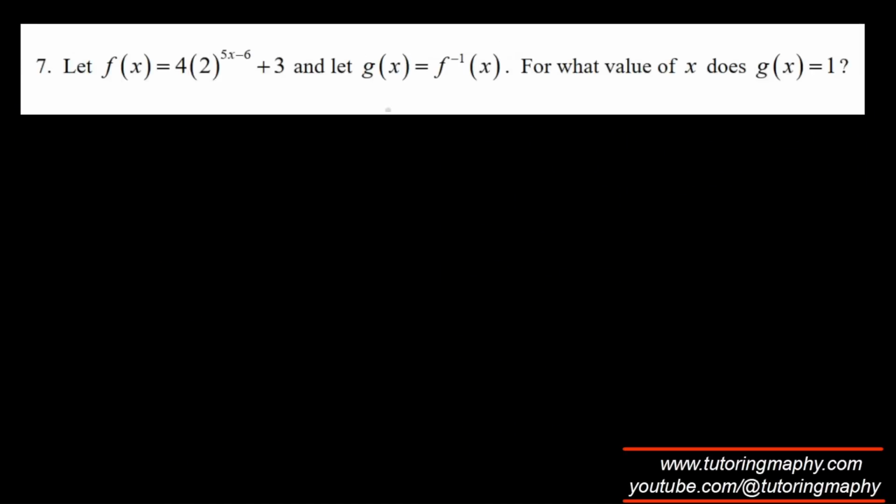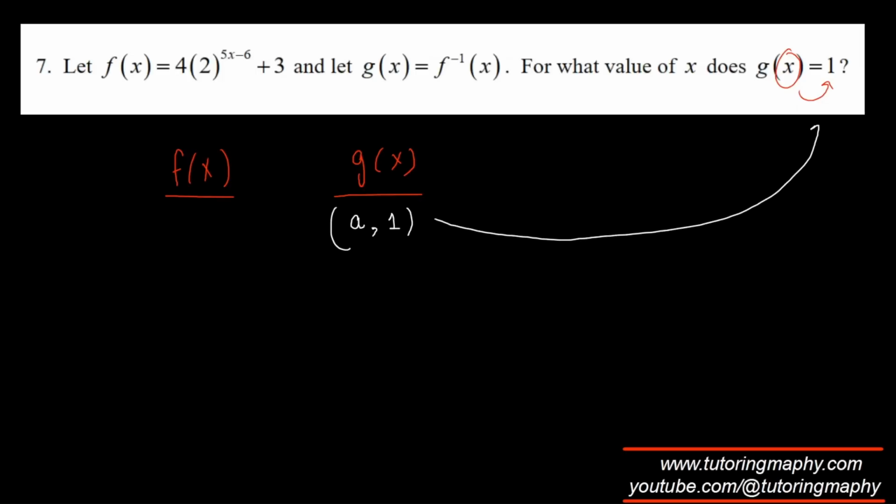Okay, if f of x is this and g is the inverse of f, at what value of x does g of x equal 1? No need to really find the inverse and then do it. Try to apply the logic of f of x and its inverse function here. If f of x and g of x are inverses of each other, and we need to figure out the x value when the g value is 1, it makes sense that I'm looking for some value a at which the y value is 1, right?